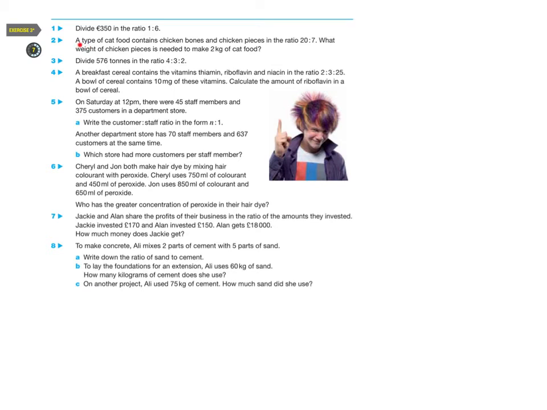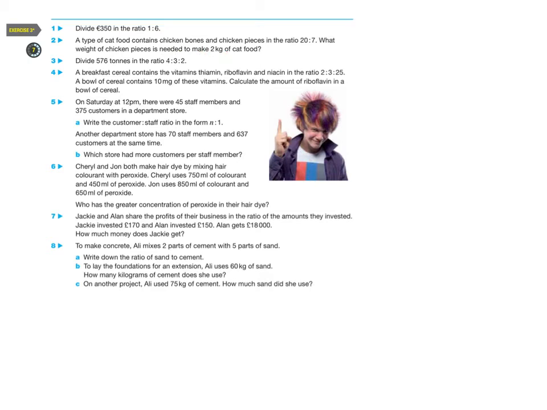The next question: a type of cat food contains chicken bones and chicken pieces in the ratio of 20:7. So that means for every 20 grams of chicken bones, there are 7 grams of chicken pieces. What is the weight of the chicken pieces needed to make 2 kilograms of cat food?